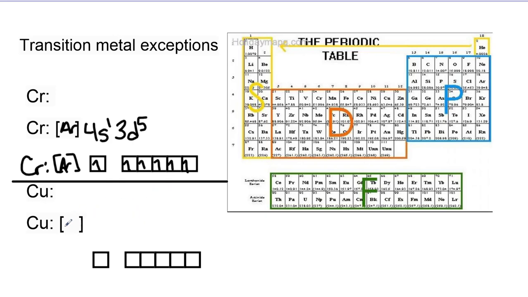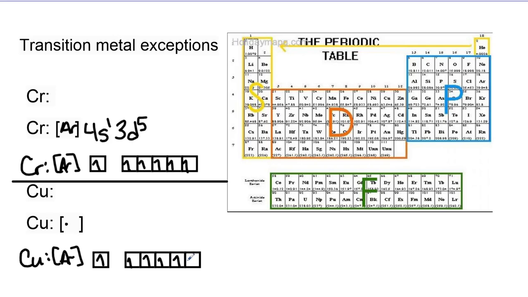By the same kind of logic, if we were writing out copper's configuration and orbital diagram, remember we originally wrote that that was 4s2 3d9. The same thing is going to happen where you're going to have 1 electron take the extra spot.